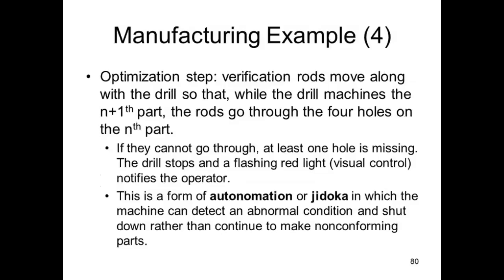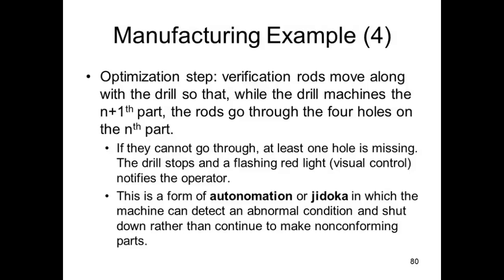The n part, the one that has presumably just been drilled, is right next to it, and there's 4 verification rods moving up and down simultaneously with the drill, and those have to go through the part that was just finished, and if they get stopped, obviously at least one hole is missing. Then the drill stops and the flashing red light notifies the operator.